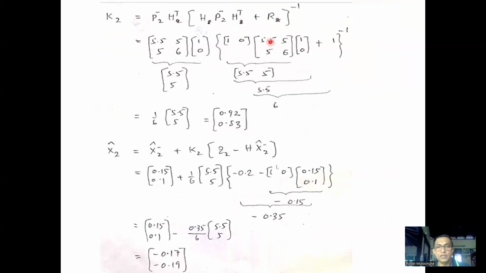What is the Kalman gain? This is the equation, put the numbers in, get the value. What is it? 0.92, 0.83. So now the Kalman gain is yet another value, another vector. So it's changing. Every step is a new value, a new vector. Now you can use K2 to correct your estimate.